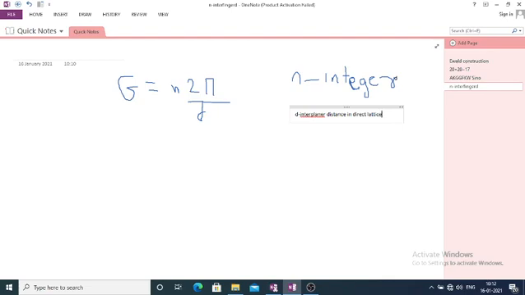So we get this interplanar distance in a direct lattice, and n is an integer.